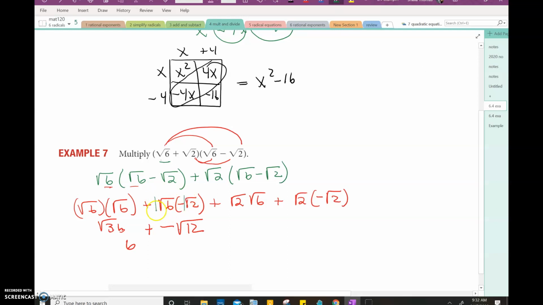So that would be like a 1 times a negative 1. That's where the negative came from. Then radical 2 times radical 6 is the radical 12. And then radical 2 times negative radical 2 would be a negative radical 4, which is a negative 2.